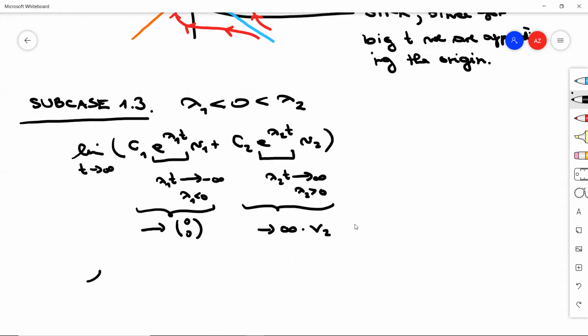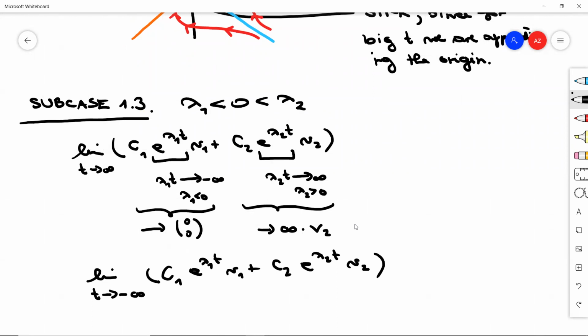And then on the other hand, we compute the limit as t goes to minus infinity of this same expression. Now lambda 1t goes to infinity, while lambda 2t goes to minus infinity.